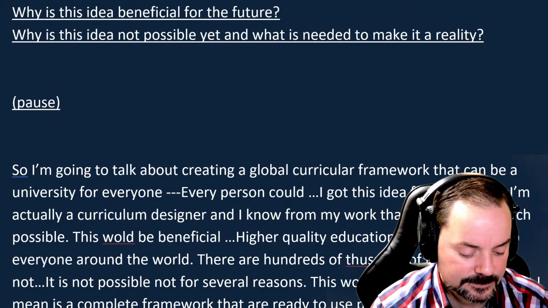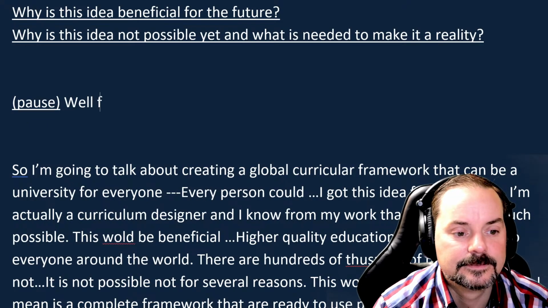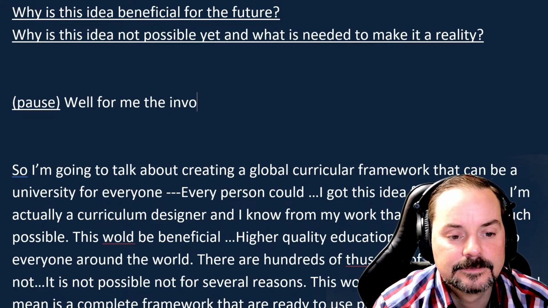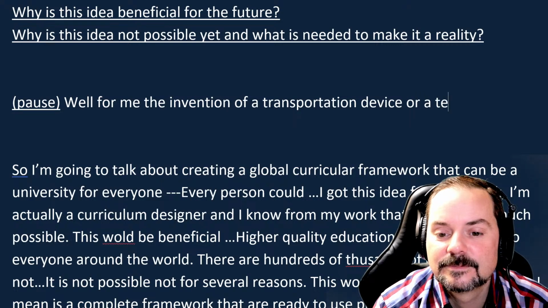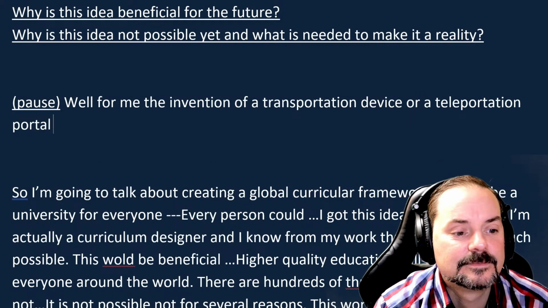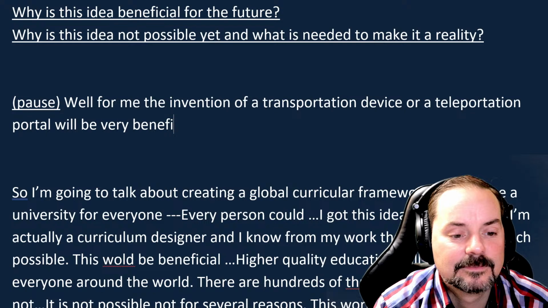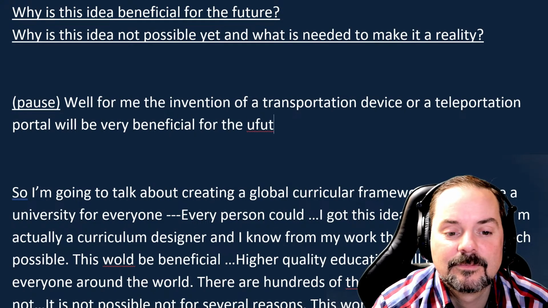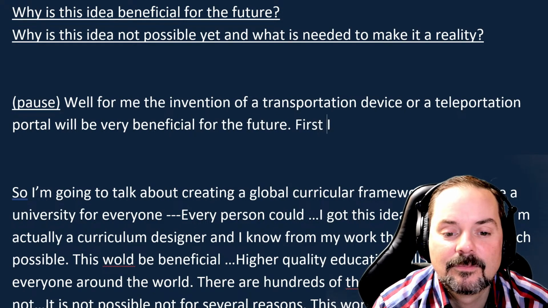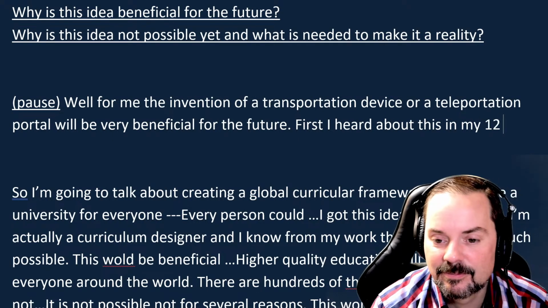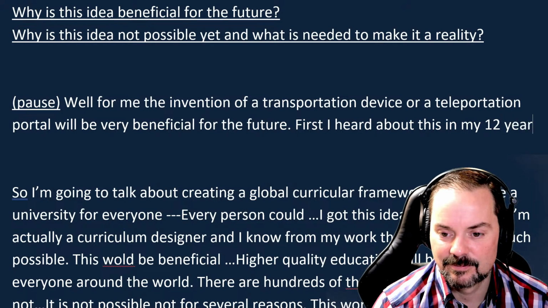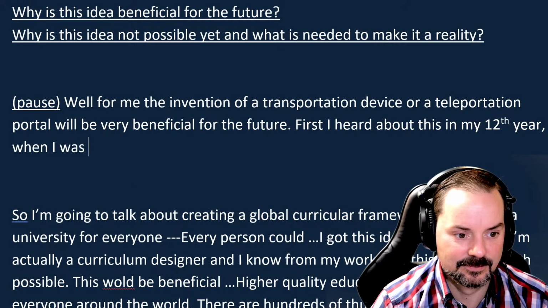Well, for me, I believe the invention of a teleportation portal will be very beneficial for the future. I first heard about this when I was 12 years old, in Doraemon. That time I was not that curious about it.